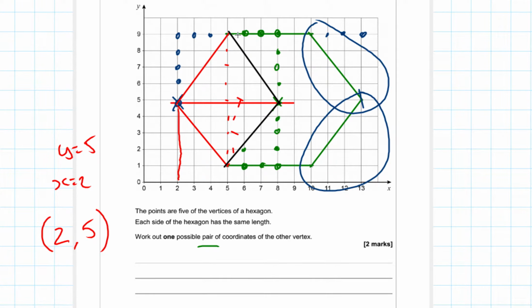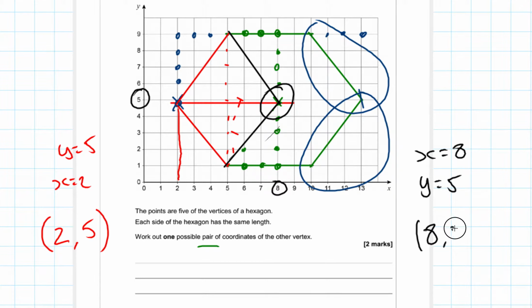It's just that this one is going to the right instead of to the left, but it still works out. It's still a hexagon, 1, 2, 3, 4, 5, 6. So this is still a valid point. So this point here is going to be 8 and 5. So x equals 8, y equals 5. So your coordinate is going to be 8 and 5.